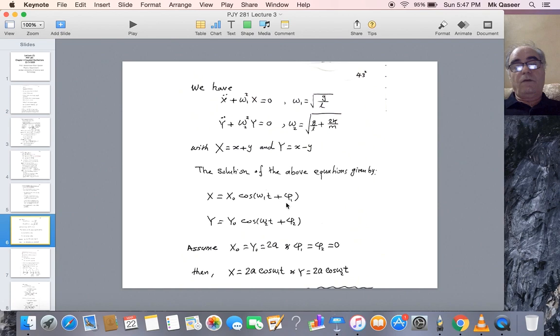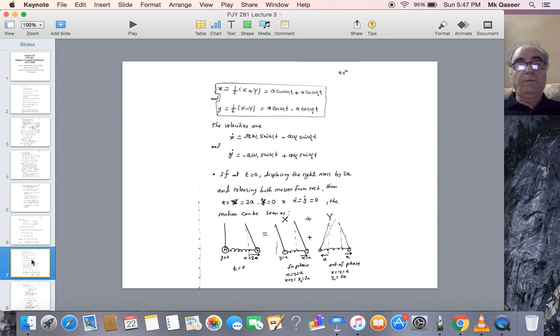X0, Y0, phi 1, phi 2 are determined from the initial conditions. Now assume that X0 equals Y0 equals 2a and phi 1, phi 2 equal 0, then the two equations reduce to X capital equals 2a cosine omega 1 t and Y capital equals 2a cosine omega 2 t.